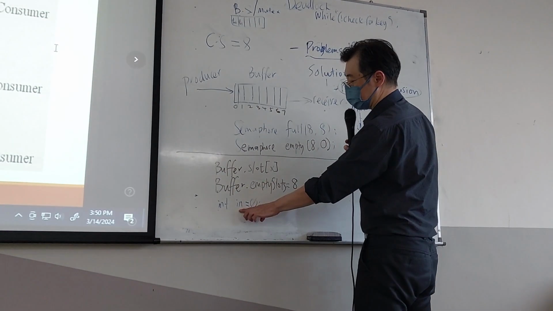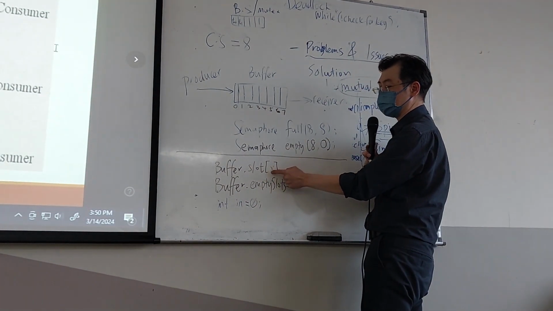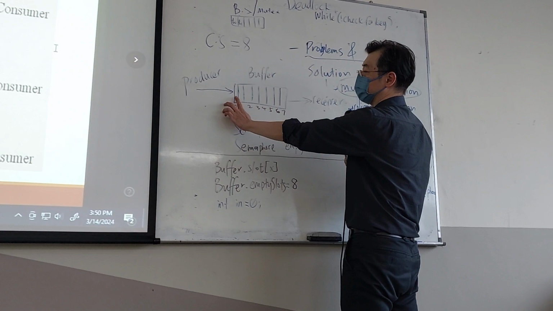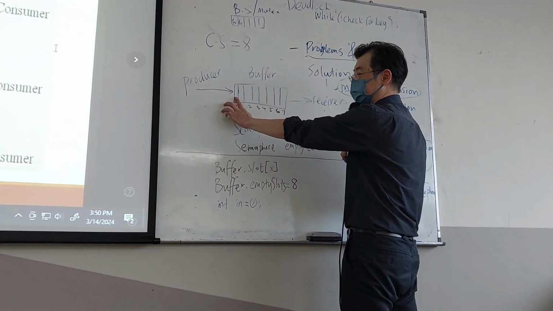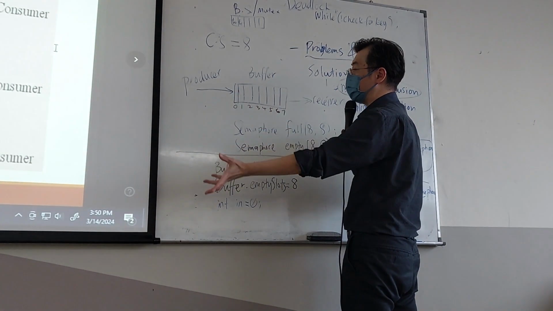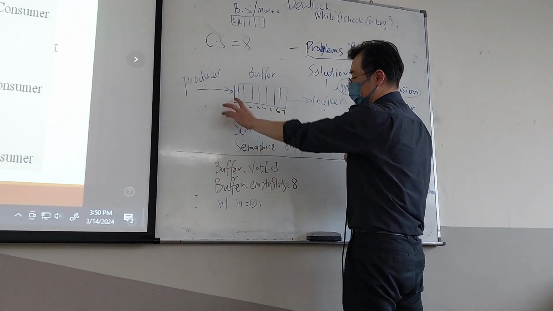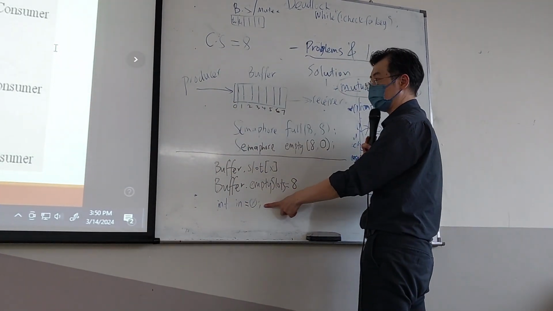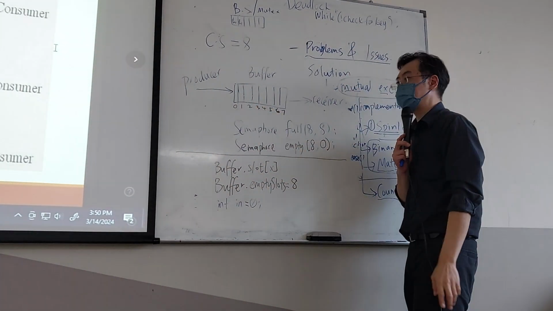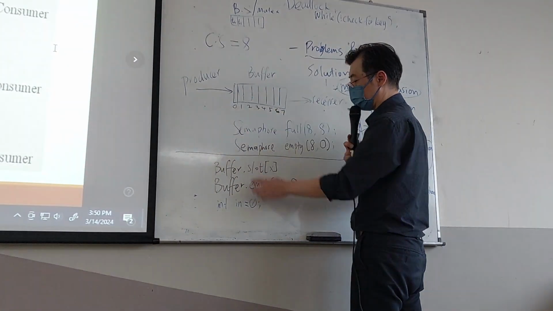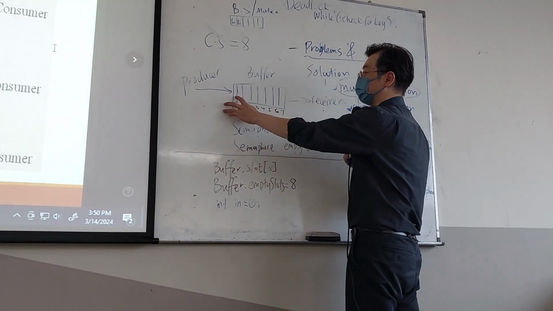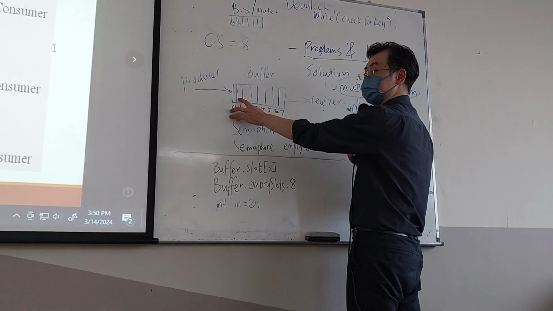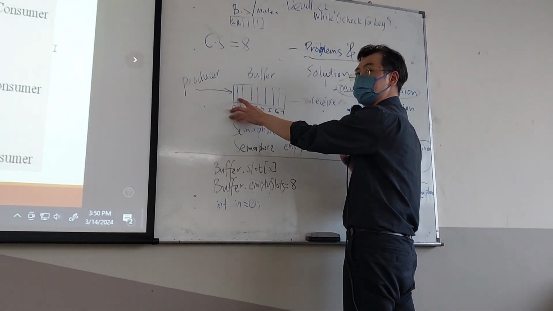It is the index number that we're going to use. If I have a message, I go to index number 0 because the in indicator is 0. So you go to this slot. Once I put the message into this slot, I have to increment it to 1, so that now I'm pointing at the next available slot.